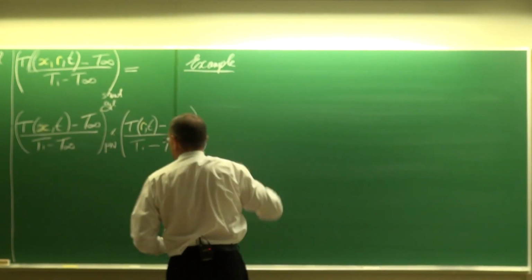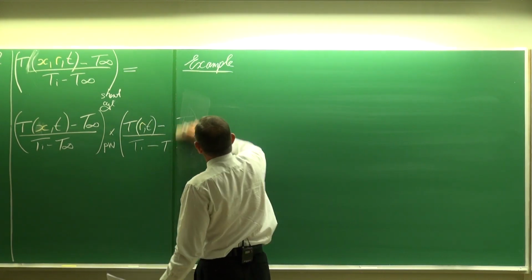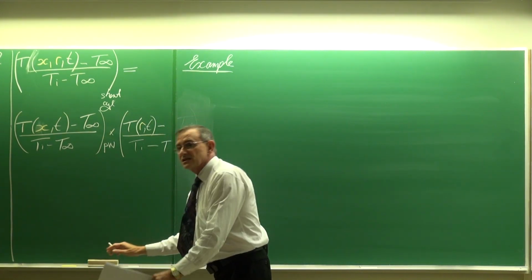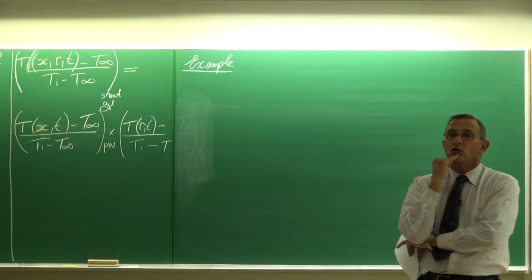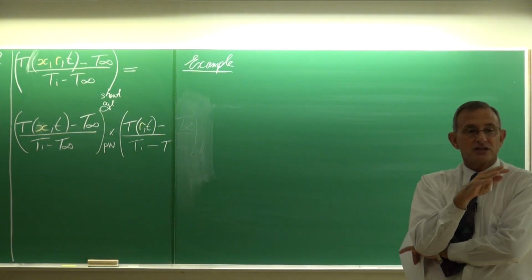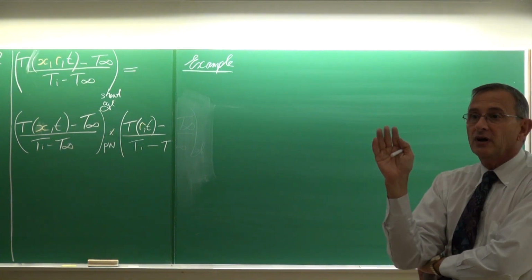This example, I'm going to do differently than what I did in previous years. In previous years, I solved all the equations which we have done in paragraph 4.2. I hope you remember them.